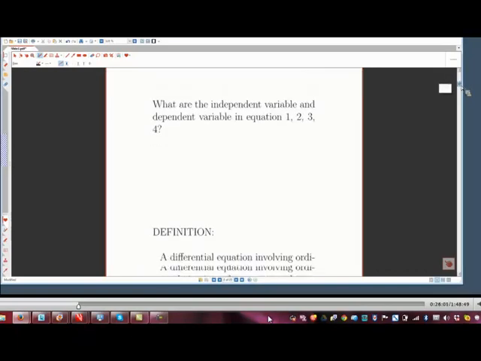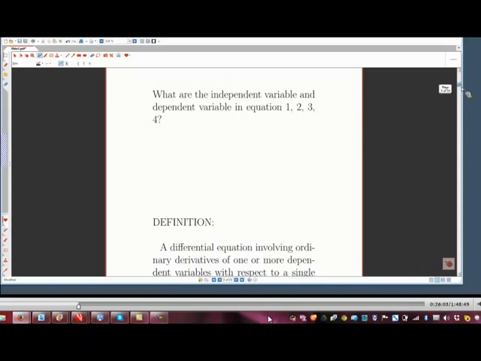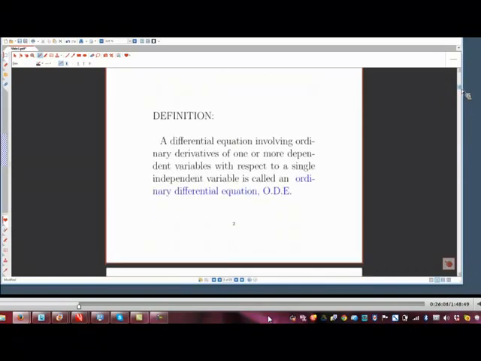Okay, so what is the independent variable? Independent, we have already discussed it. The natural question arises: when we have 2 or more independent variables, or only 1, is there a special name for those equations, and what is the difference?